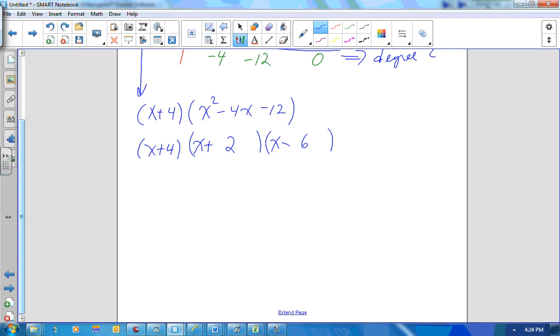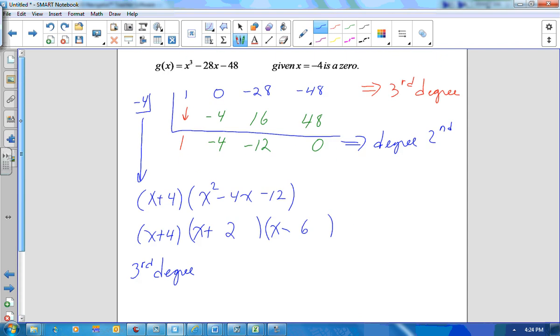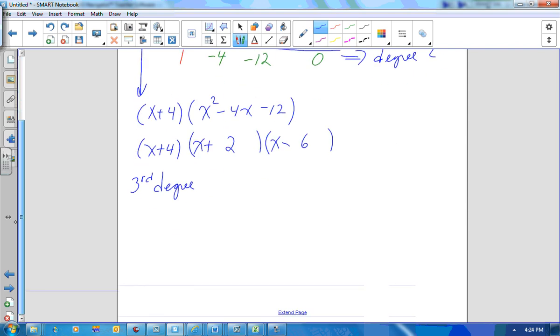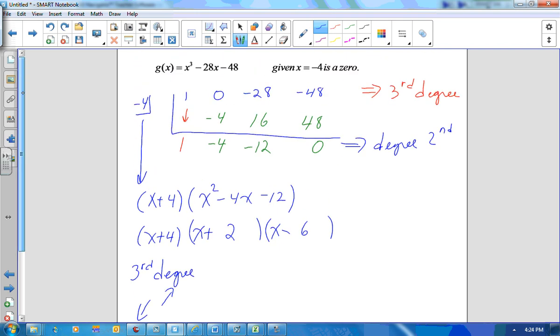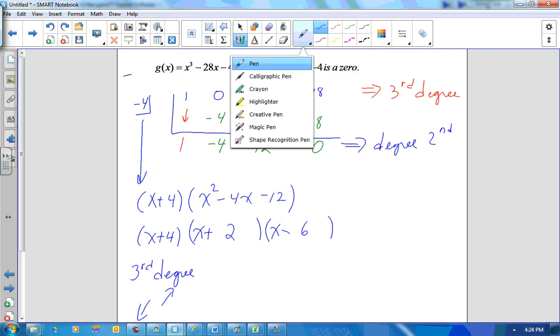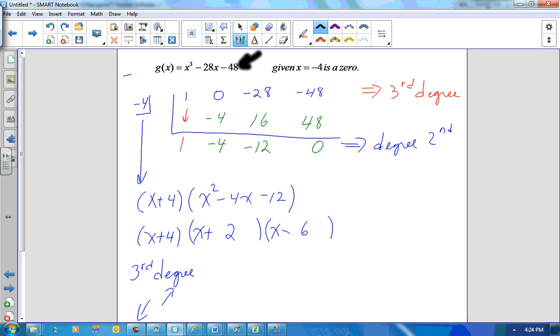Okay, so I want a graph, so I've got a 3rd degree polynomial function. Let me go back up and remember my lead coefficient again was a 1, so it's positive, so my end behavior looks like that. I'm going to get my y-intercept from up here, because it just makes it a little bit easier. So here's my constant term.